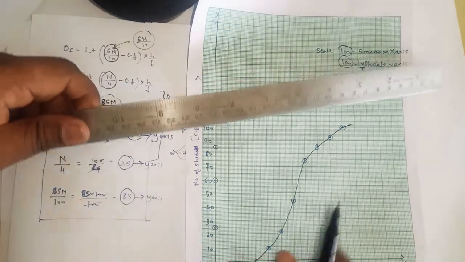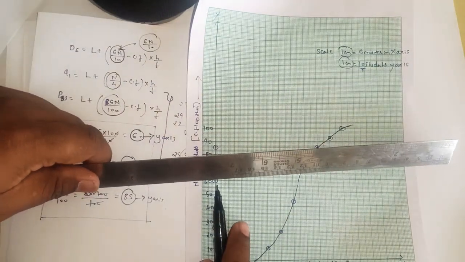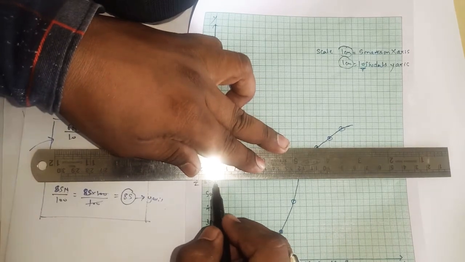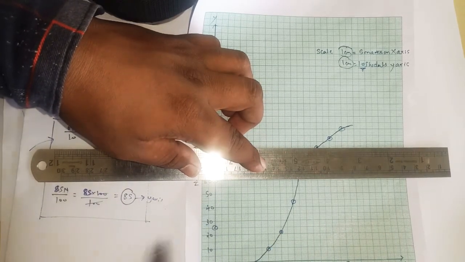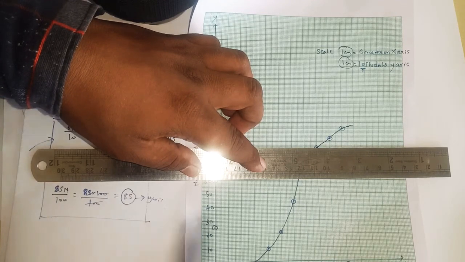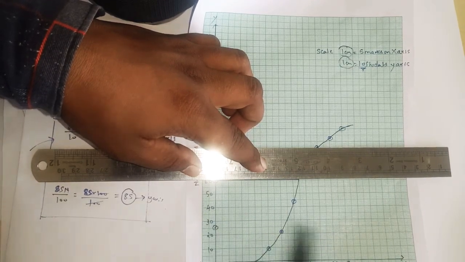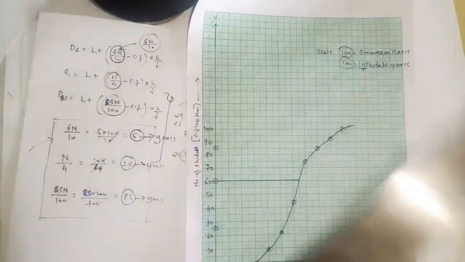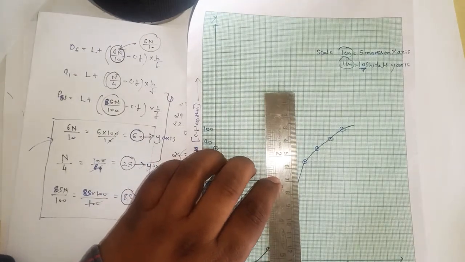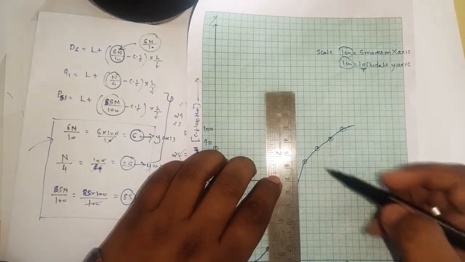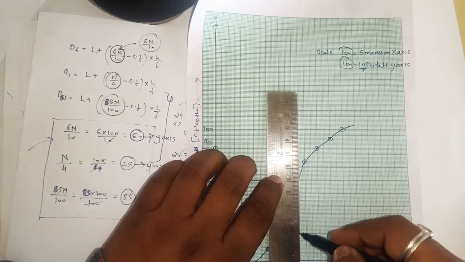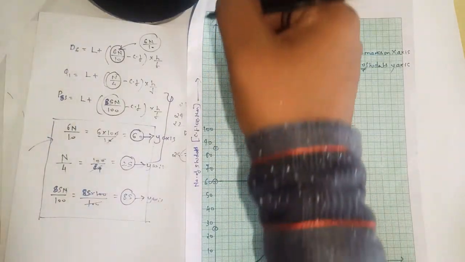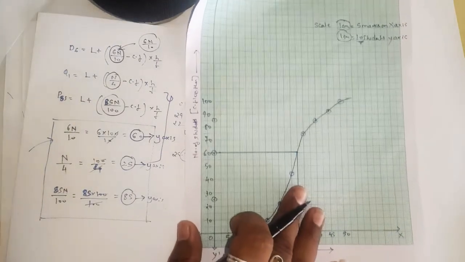As the first one is 60, you will see 60 on the y-axis and plot. Then you will draw the straight line, and see that the straight line is parallel to the x-axis. Then after that you will draw one more line from here, in such a way that this line is parallel to the y-axis.